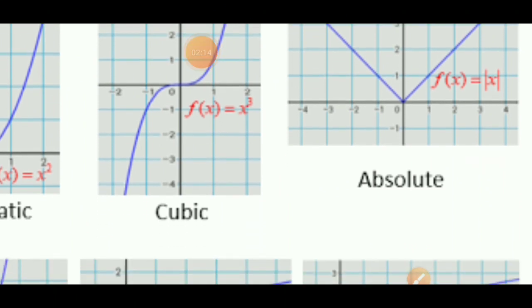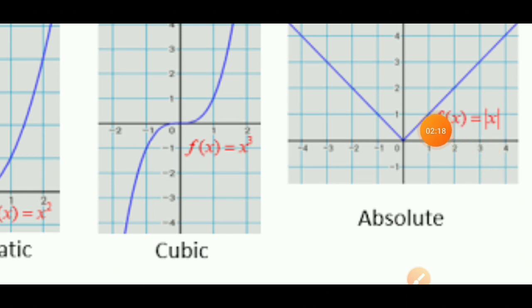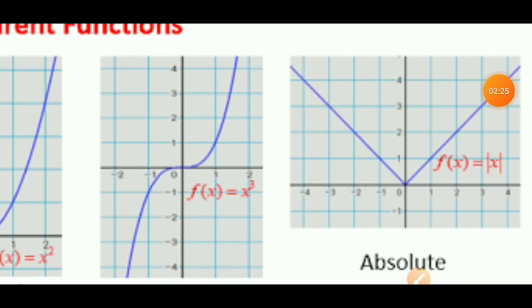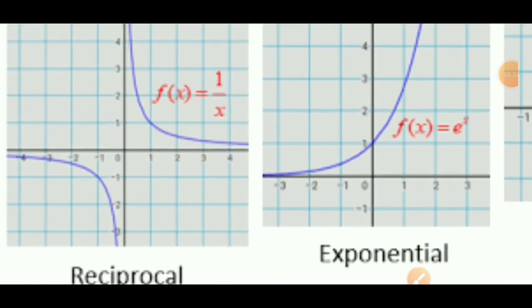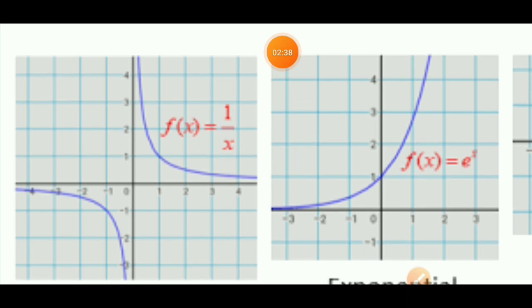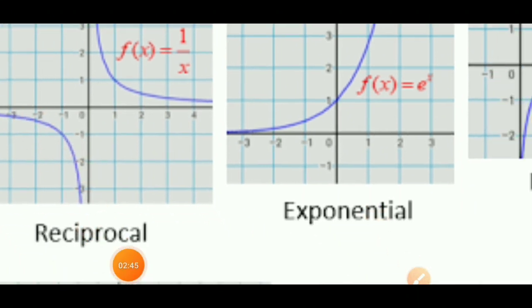We also have the graph of the absolute value function, with the equation f of x is equal to the absolute value of x, and this is its graph. For a reciprocal function, with the equation f of x is equal to 1 over x, we have a graph in the first quadrant and also in the third quadrant.